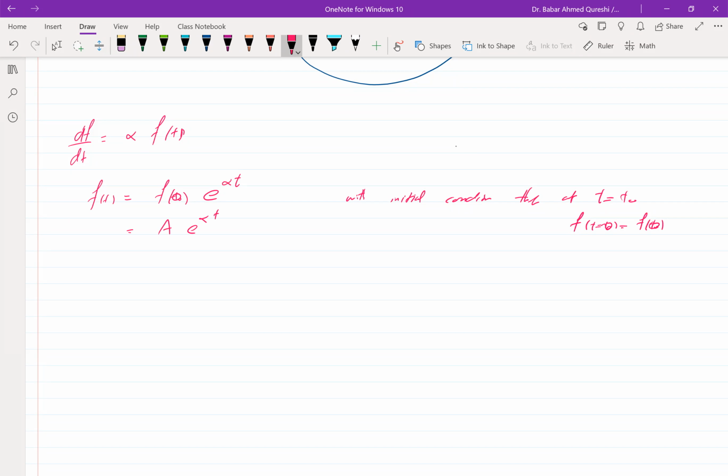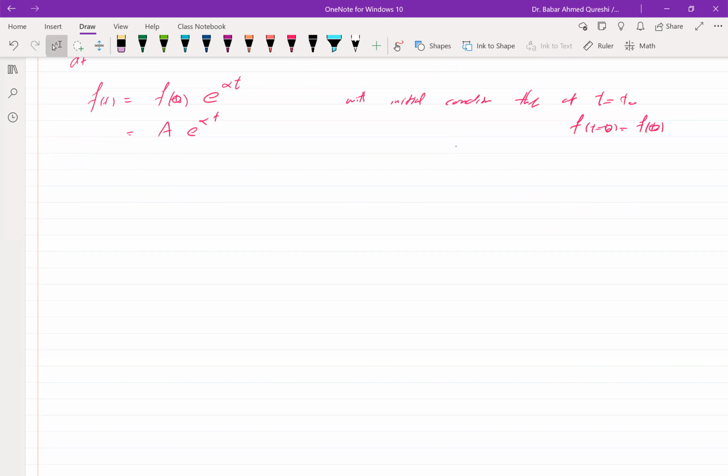Now suppose you are given this equation, df of t over dt, and it's very close to your previous equation, but this time this alpha is not a constant, rather it depends on time. Then how can we solve it? Well, we can write a formal solution.